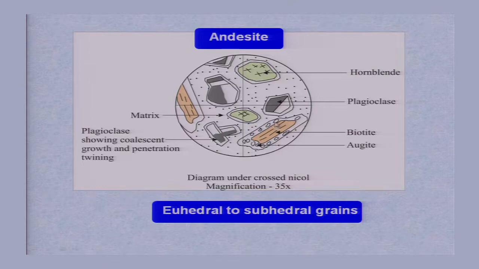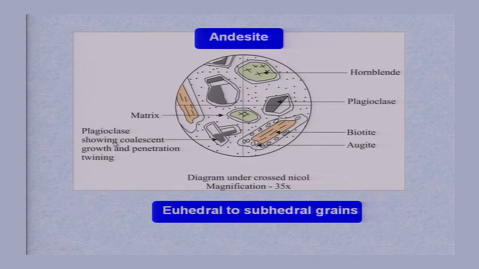This biotite shows a reaction rim. Reaction rim means a circular margin. See, the periphery of the biotite crystal is surrounded by agate. This reaction rim is formed because of the interaction of the biotite with the remaining melt.